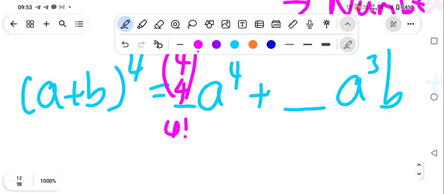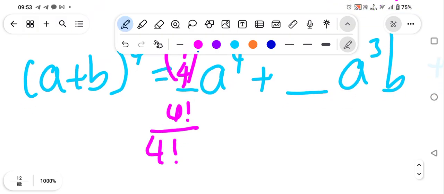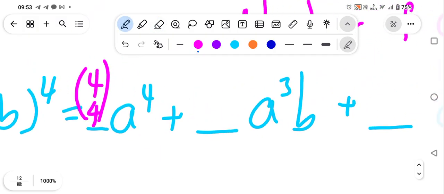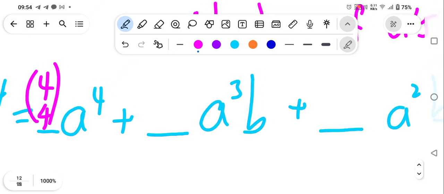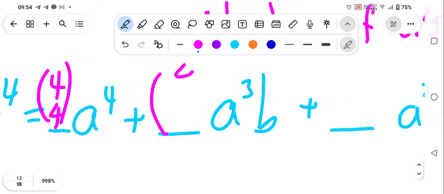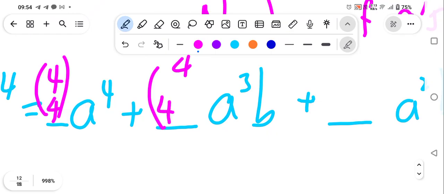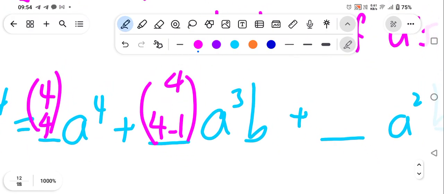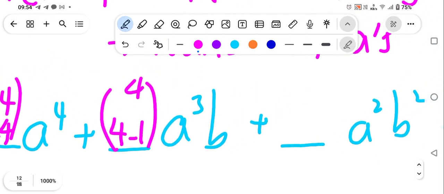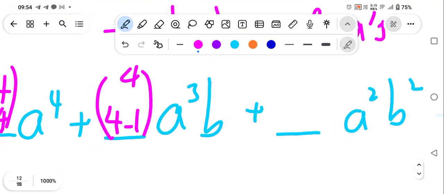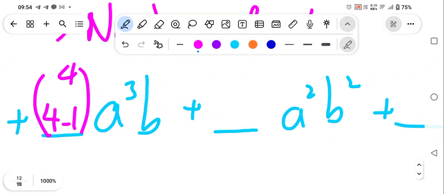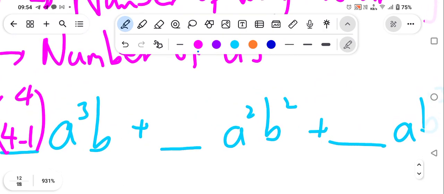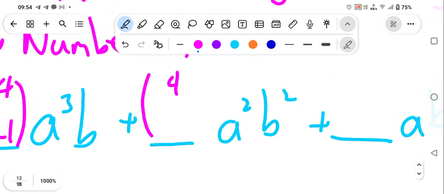We have 4 a's and 4 identical items, so there's 4 factorial. And from this case, we have 4 items and we have 4 minus 1 identical items, so we have 3 a's and 1 b. In this case, we have 4 items and we have 2 similar items.